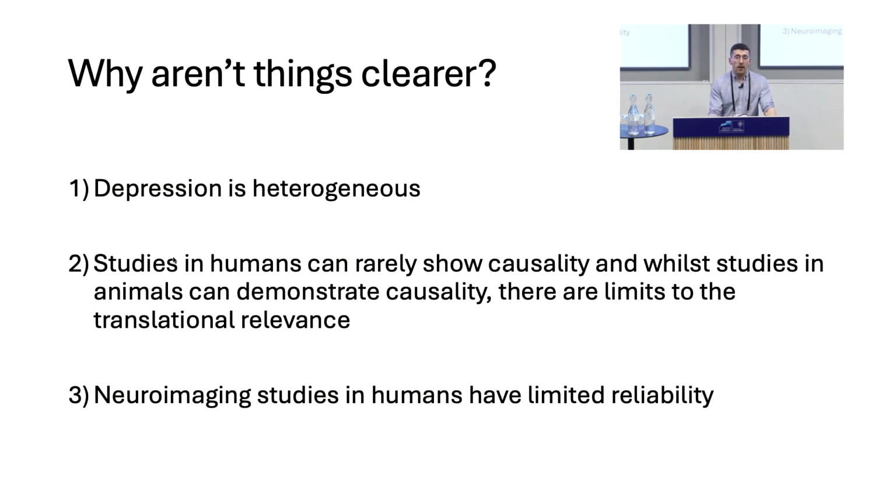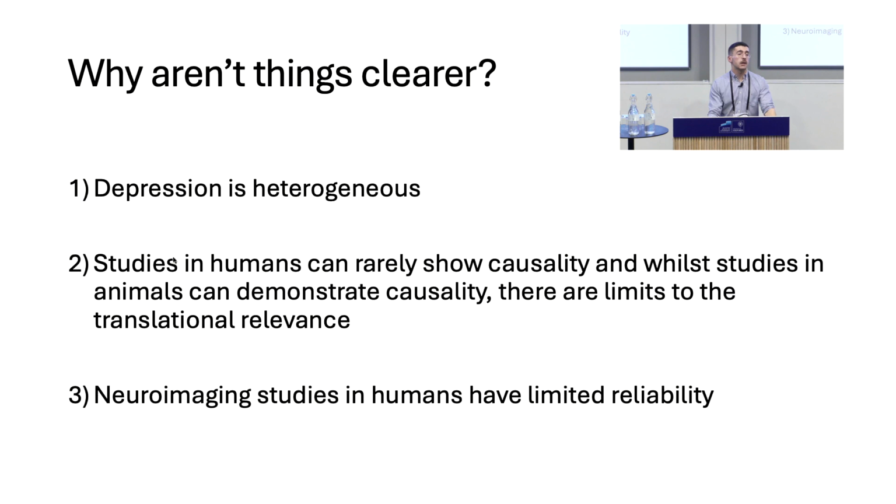Why aren't things clearer? I suppose there are multiple reasons. These are just a few. Depression is very heterogeneous, and the etiology and pathogenesis is probably very different in different people. Particularly relevant to this talk, where I've talked a lot about neuroimaging, studies in humans can rarely show causality. I suppose lesion studies are really the only instance of that.